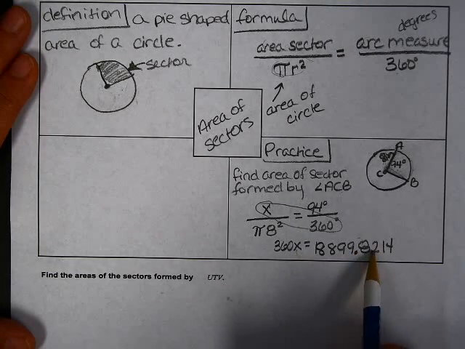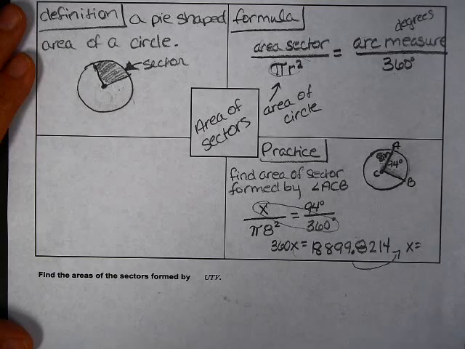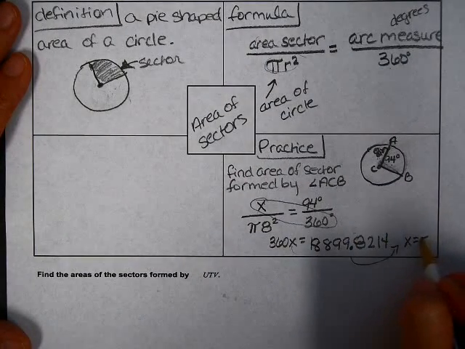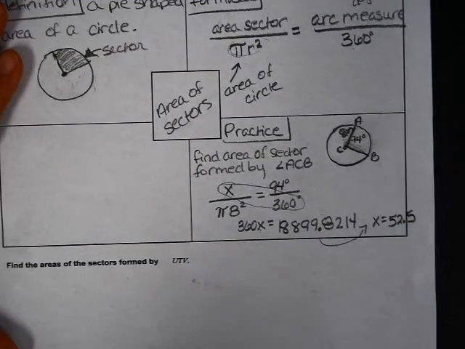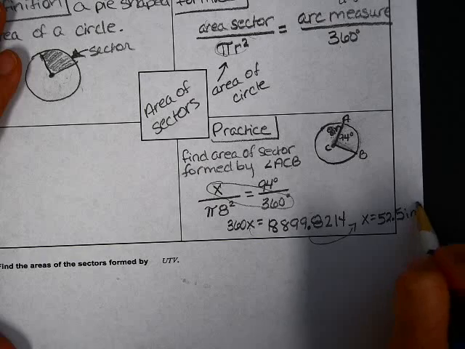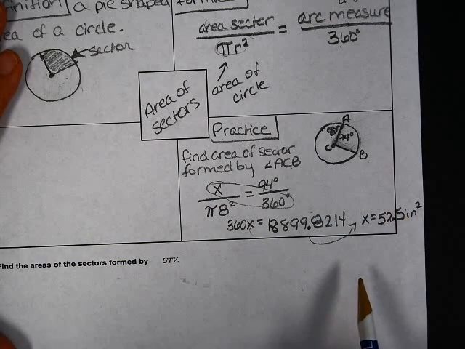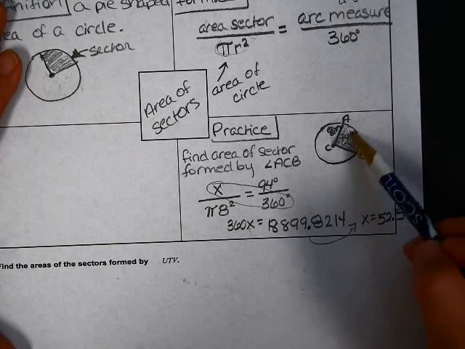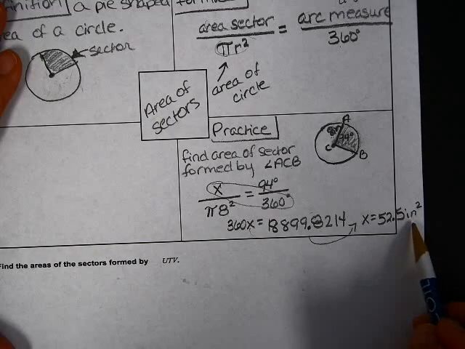Now, to divide by 360, x is going to be 52 point, and I'm going to round this to 1 decimal place since I'm running out of room, 52.5 inches squared. We have to put squared because we're finding area. So this shaded region right here has an area of 52.5 square inches.